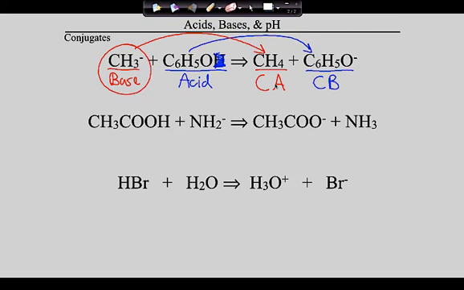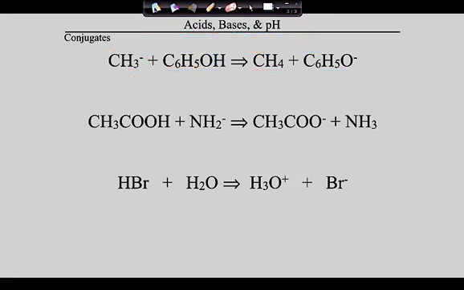So continuing with this idea, let's clean up this mess, and let's try another one. So now we'll take a look at our first substance, CH3COOH. And when we look for something similar on the right, you'll notice that we have CH3COO. The difference being CH3COOH lost a hydrogen. As we said, that makes this the acid.